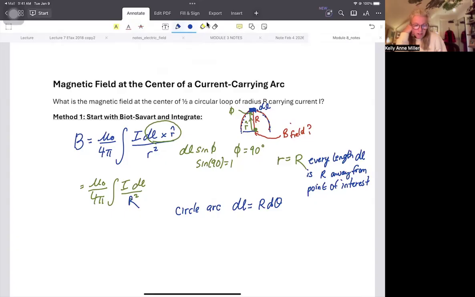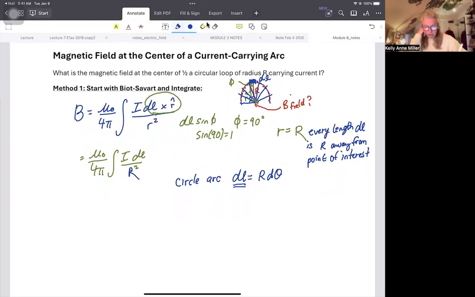So if I start here and then integrate, I basically do all of these segments. As I go around, that theta is going to change. And so I can substitute dL with R d theta.